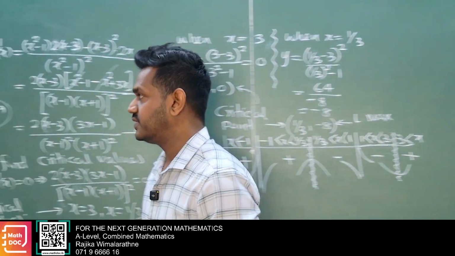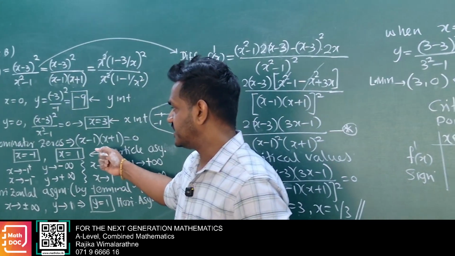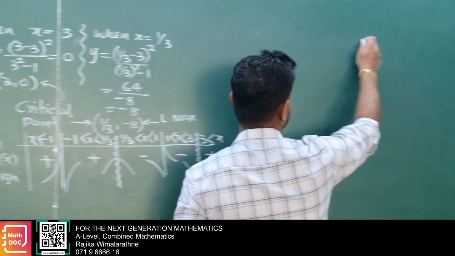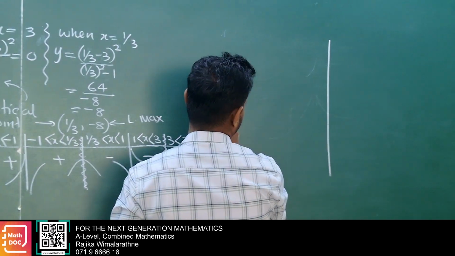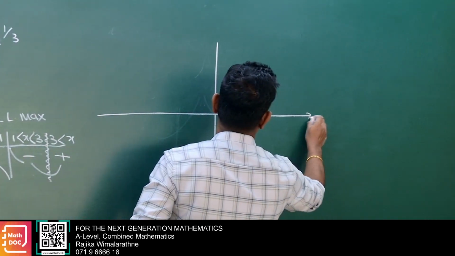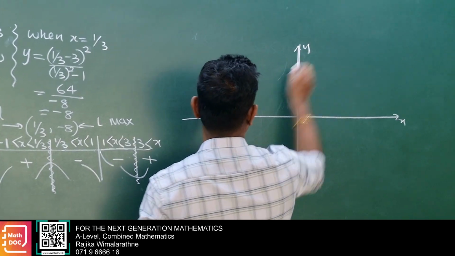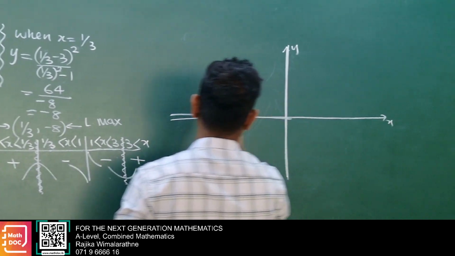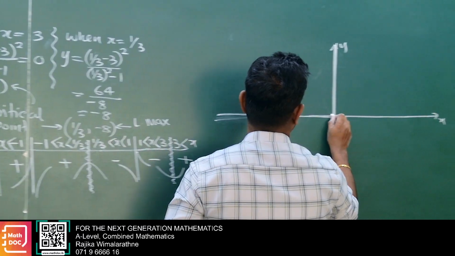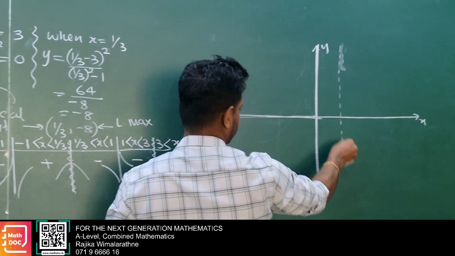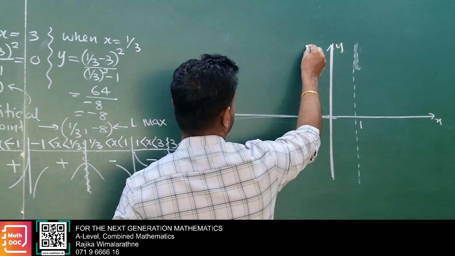Now sketch the graph. You start with the denominator zeros first. Let's sketch. Here the y-axis, x-axis, label them. Then we have two vertical asymptotes, 1 and minus 1.